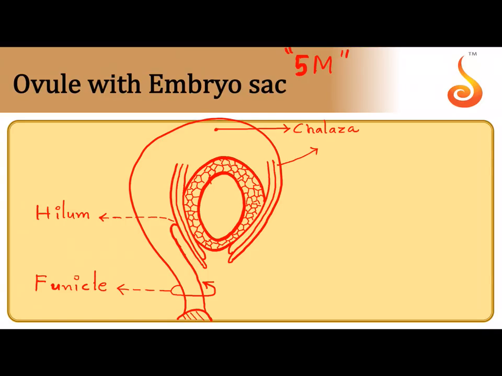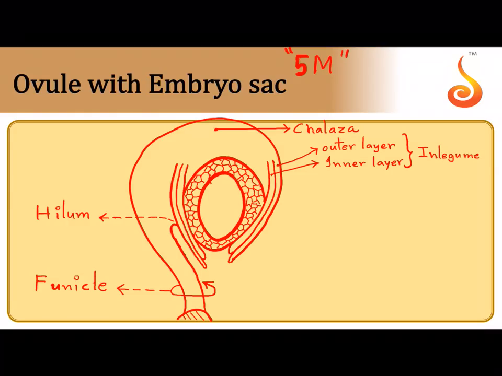The 2 coverings of the ovule, outer layer, inner layer. What do we call these protective coverings? We call them integuments. Yes or no? Okay. Then what is the main tissue here?